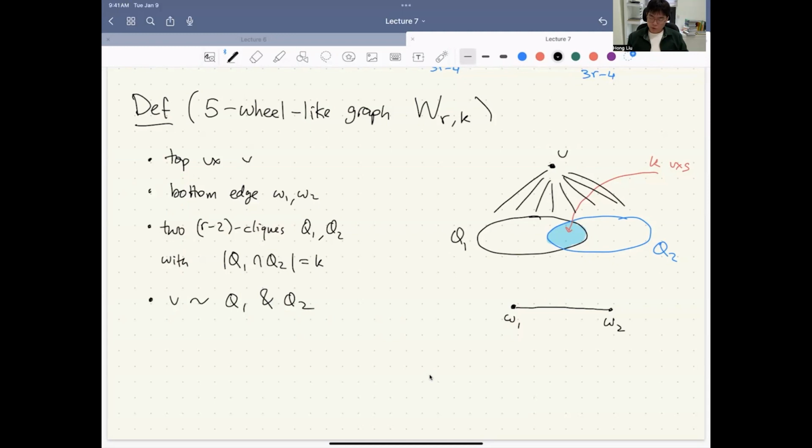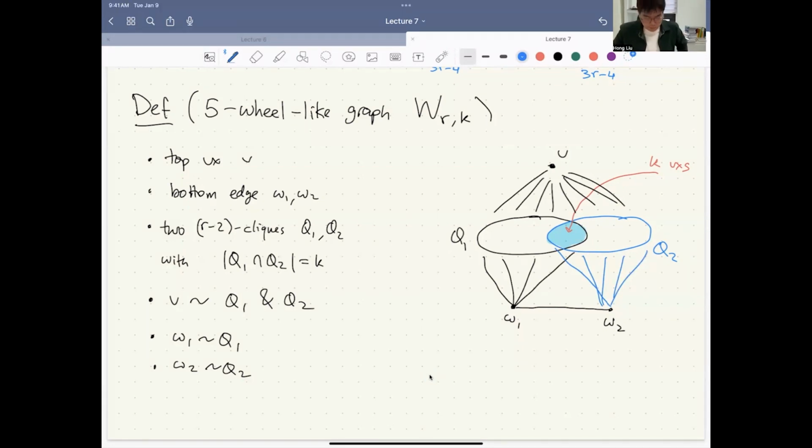And we have all the edges from W1 to Q1, W2 to Q2. So W1 to Q1 looks like this. W2 to Q2 looks like this. That's the 5-wheel-like graph, U r k.